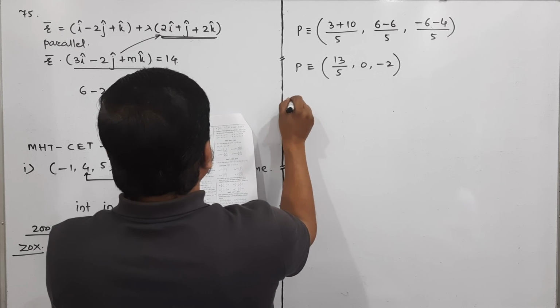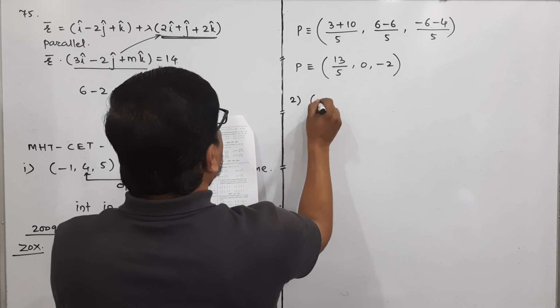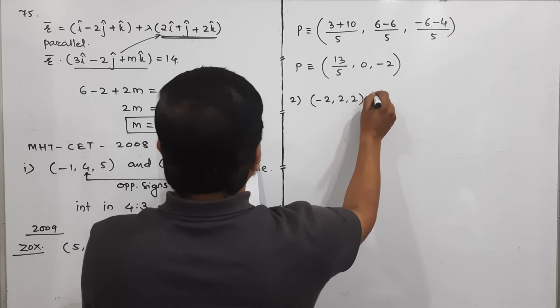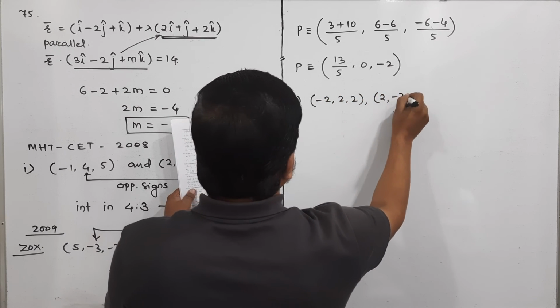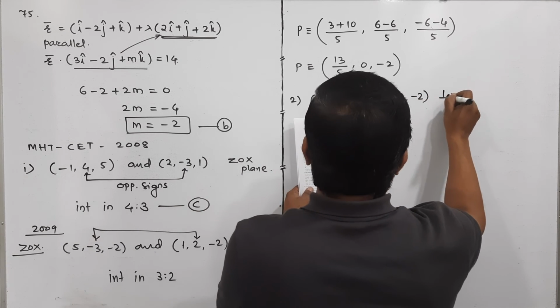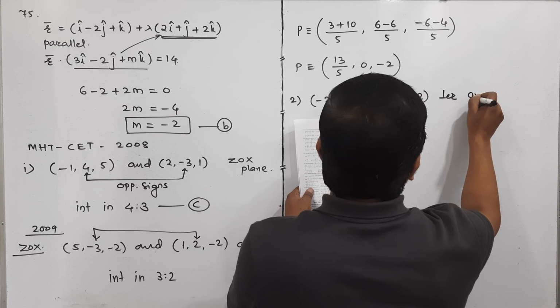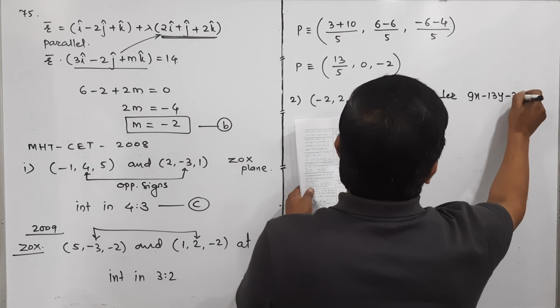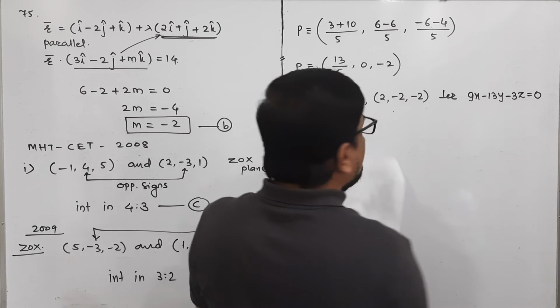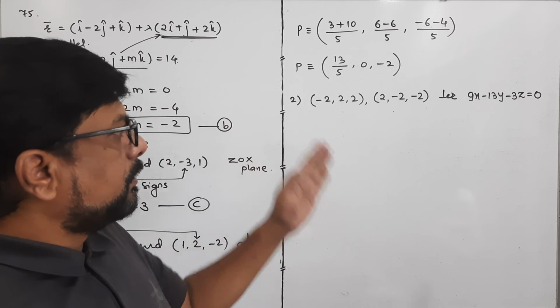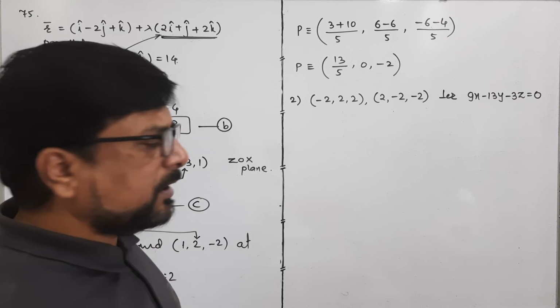2009. Equation of plane passing through the points minus 2, 2, 2 and 2, minus 2, minus 2 and perpendicular to 9x minus 13y minus 3z is equal to 0. Here also we can use the trial and error method.